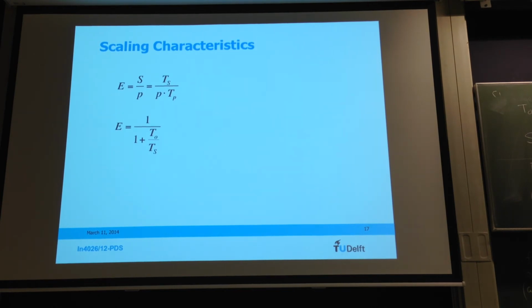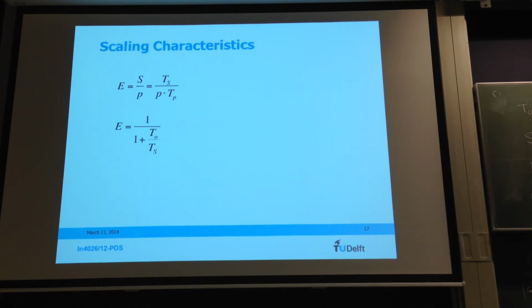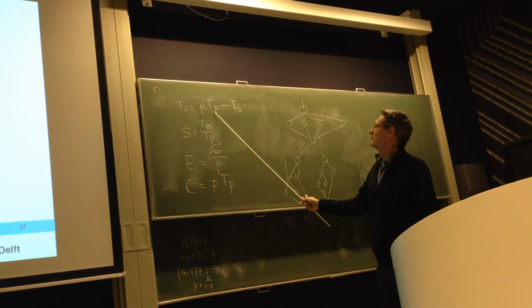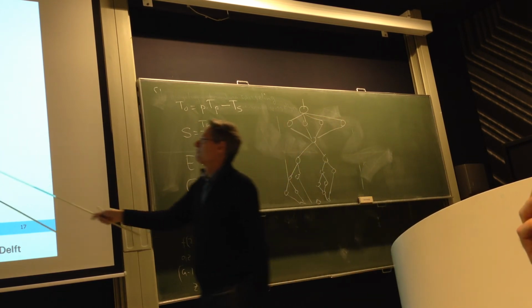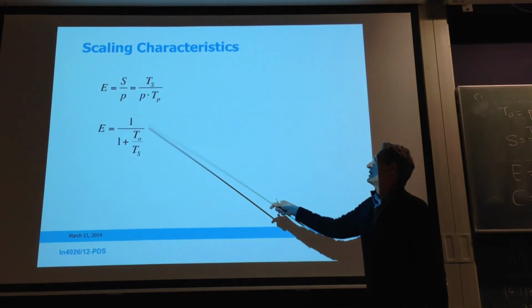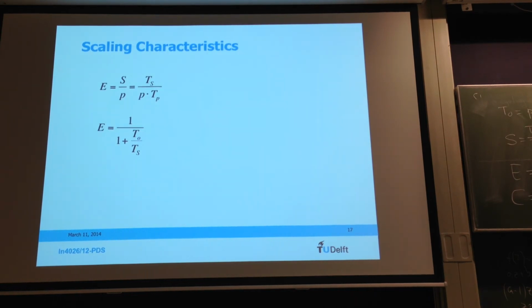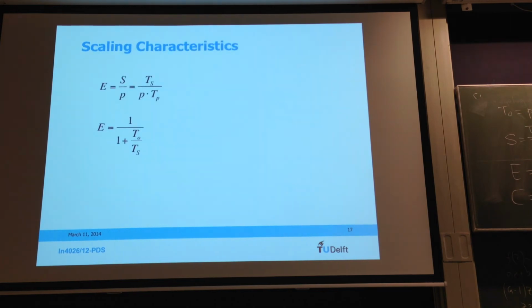If we rewrite this expression by substituting P times the parallel execution time by the overhead plus the sequential execution time and do some algebraic manipulation, we get this formula. That the efficiency is equal to 1 over 1 plus the T overhead times the sequential execution time.